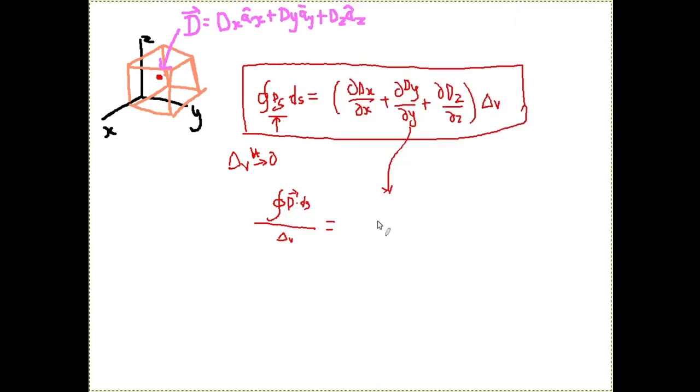So this entire term I can name as the nabla operator, the del operator. Remember, this is a small difference, so this entire partial differentiation I can name as the nabla operator.